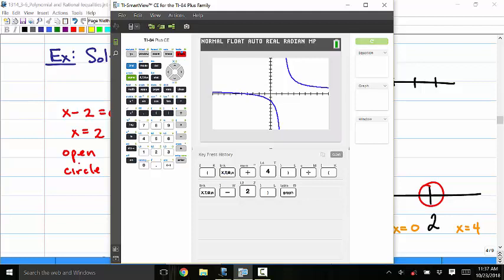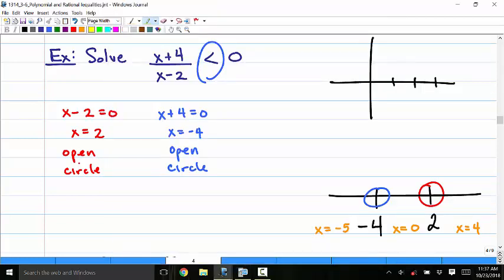What do I have at x equals 2? What's that vertical line called? A vertical asymptote at x equals 2. What is this value going to be? Negative 4.